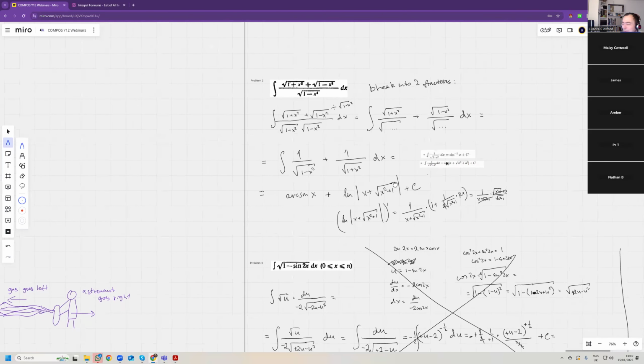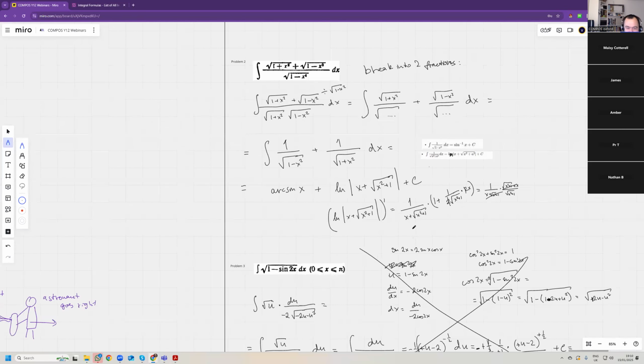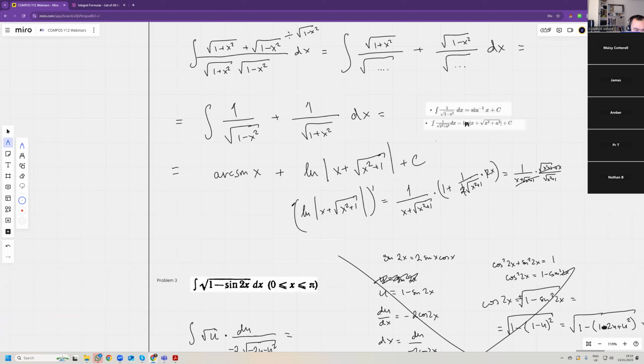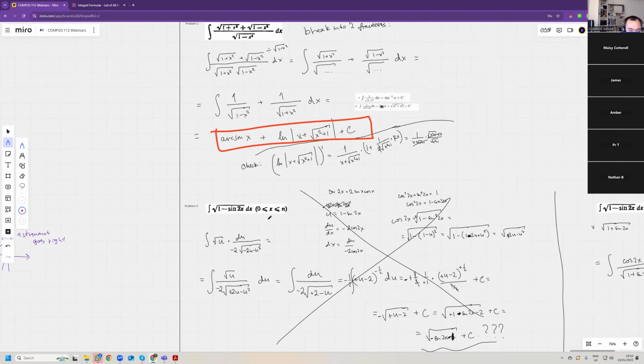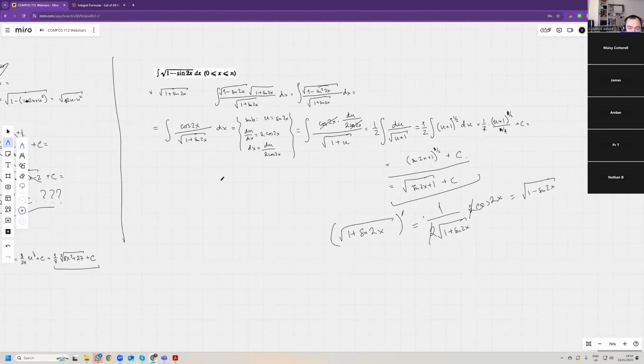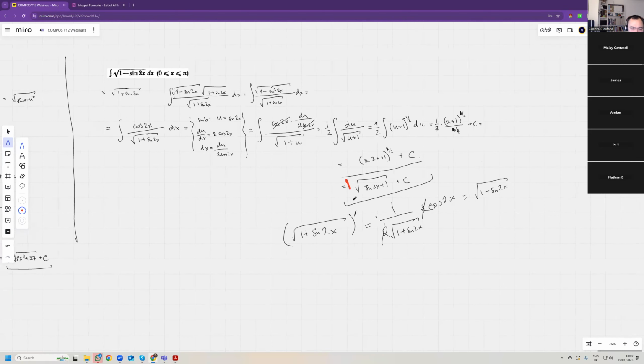Good. So hopefully that makes sense to you. Sorry for making a mess here. So that is checking this integral, and this is the solution. So I will circle the solution in every single one of them. This is the solution.